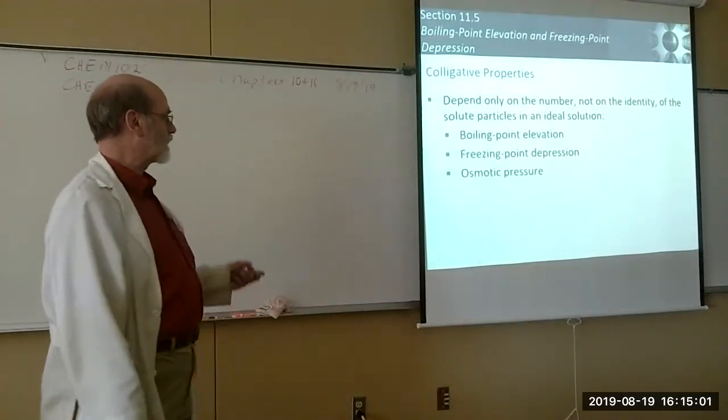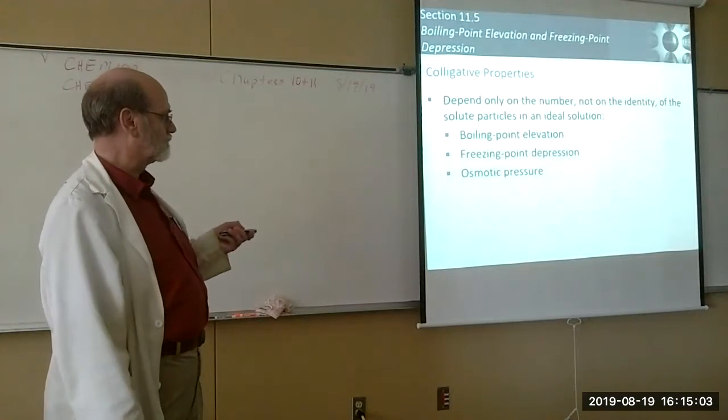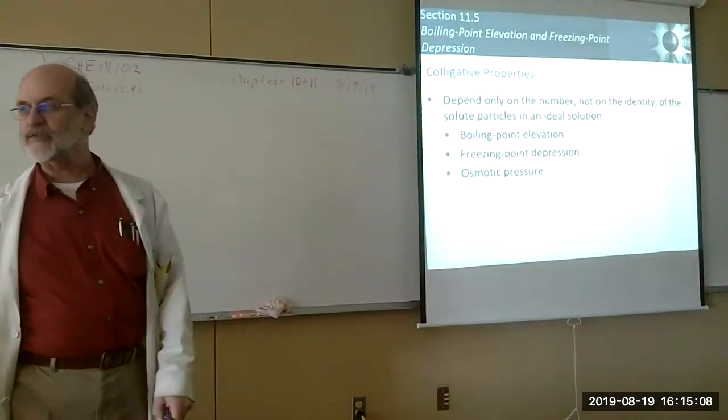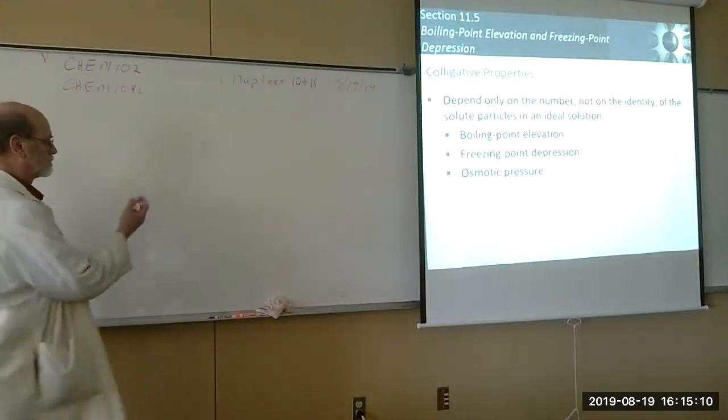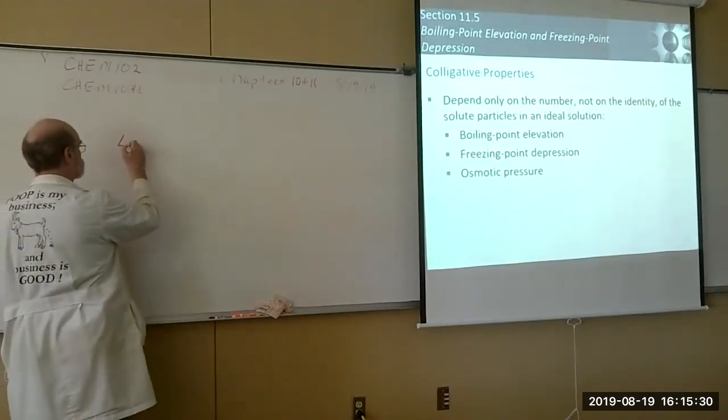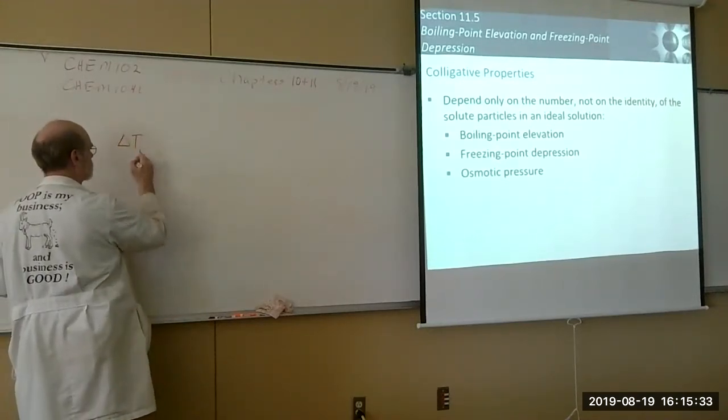These are the three most common colligative properties that are described. We talked about freezing point depression earlier. Boiling point elevation is similar to freezing point depression. It is still just a delta T, right?